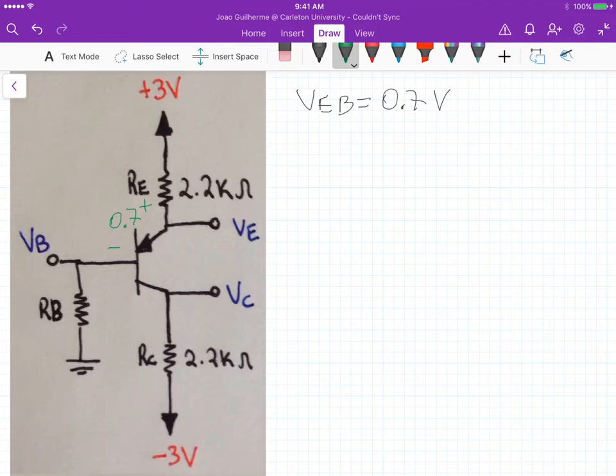Now if we look at this circuit from the base and emitter terminals, we can apply a loop analysis here.